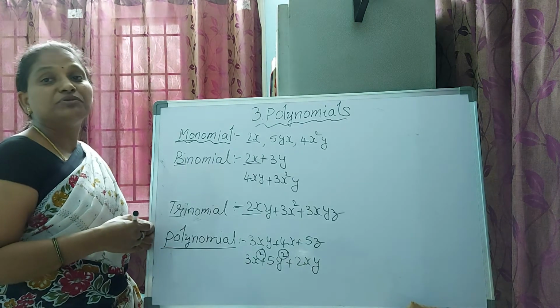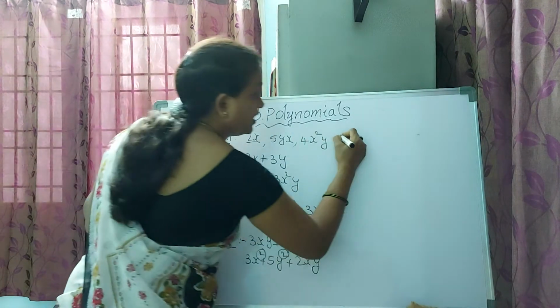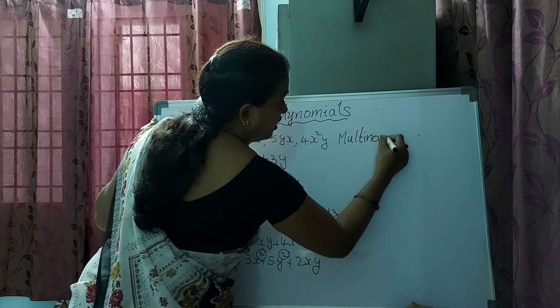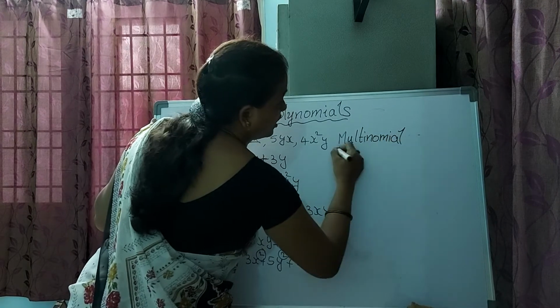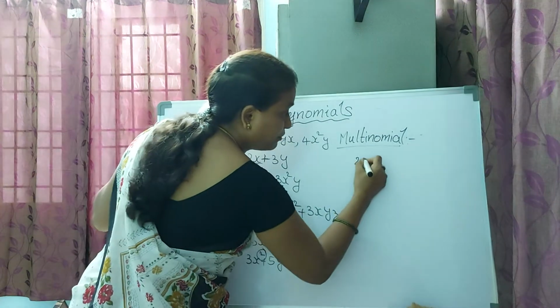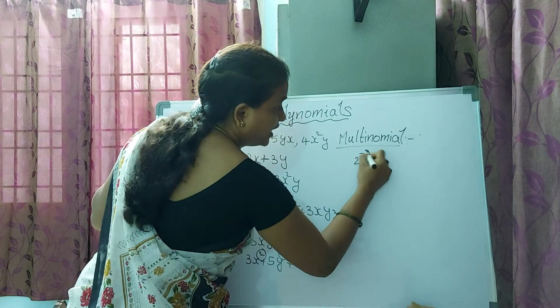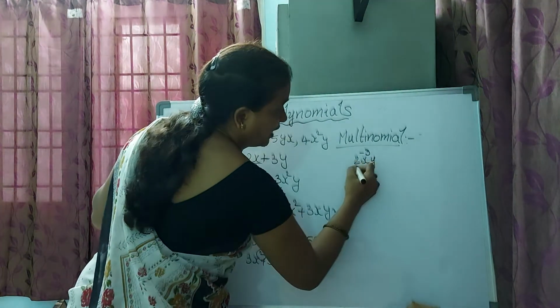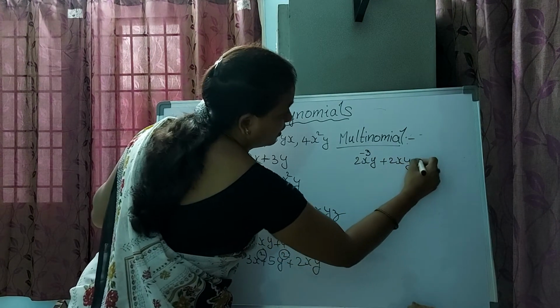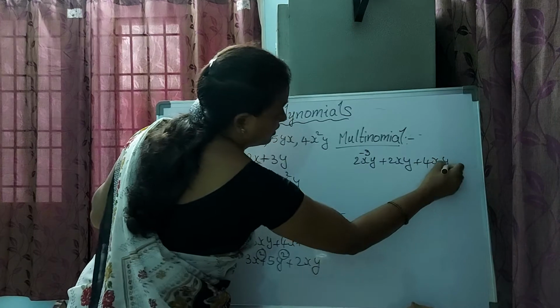What is the difference between polynomial and multinomial? In this, the powers may be negative also. Minus 3 plus 2xy plus 4xy.